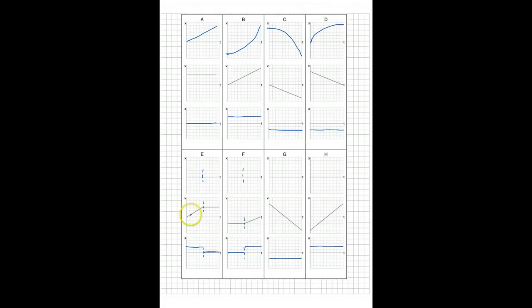In E, I have a graph similar to B at the beginning, where I start with a flat slope, with a slope of 0, and then get more and more positive. And then that positive slope that I had at the end of that graph continues.